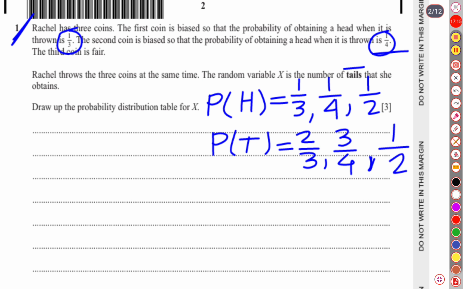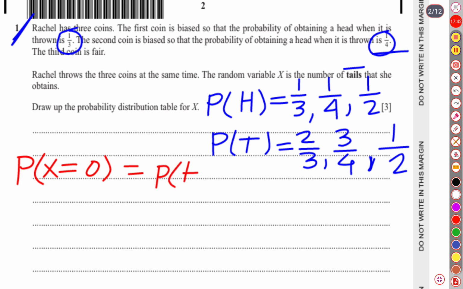Well, now she has thrown all 3 coins together, and we have to find the number of tails. Okay, draw the probability distribution table. After throwing, there may be no tails. Suppose there are no tails, that means all of them are heads.